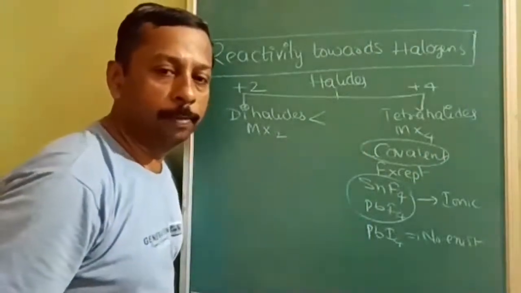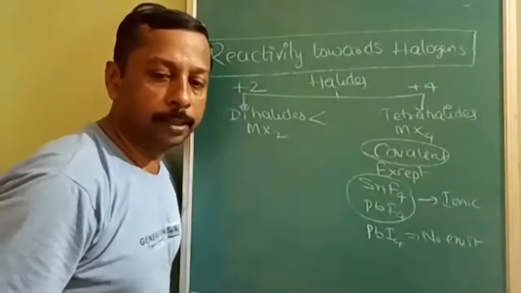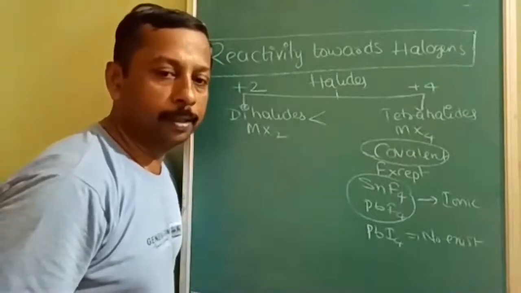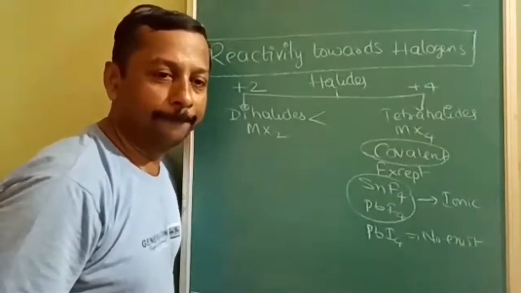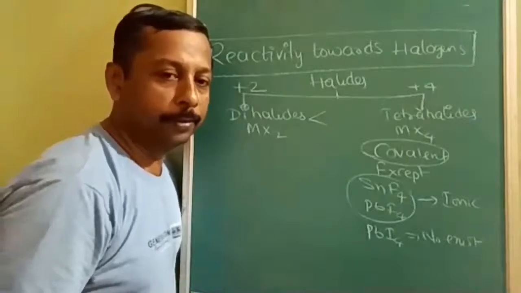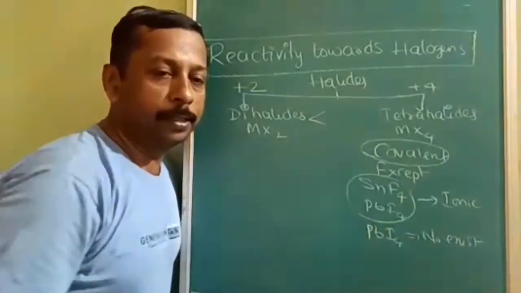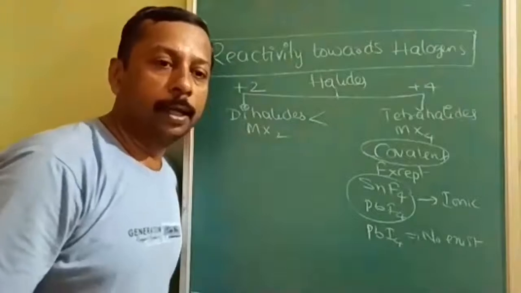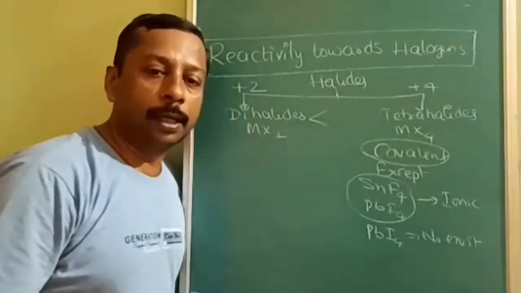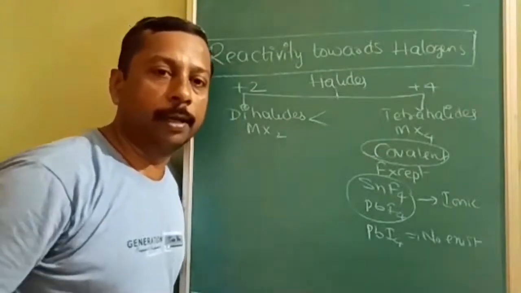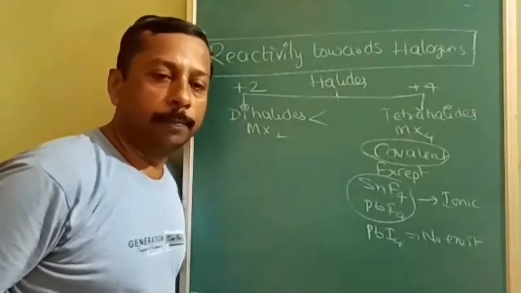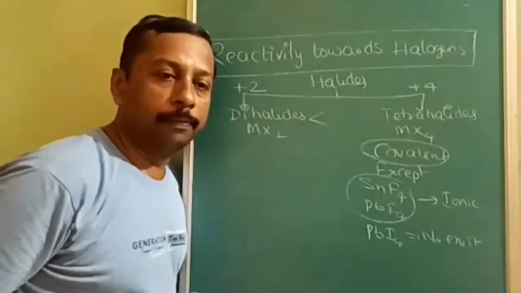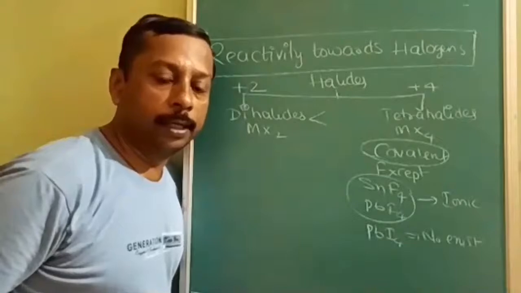Due to high polarizing power. Okay. When the same element exists in two oxidation states, the higher oxidation state will have higher polarizing power. Higher polarizing power will result in more covalent nature.